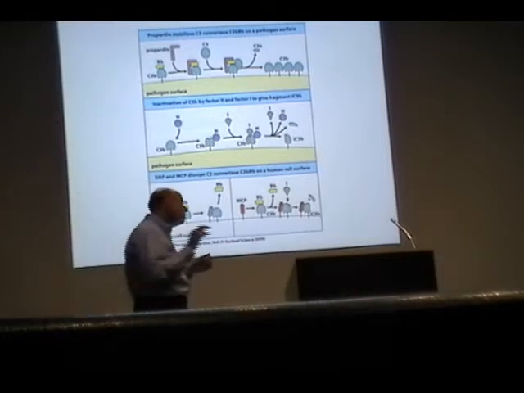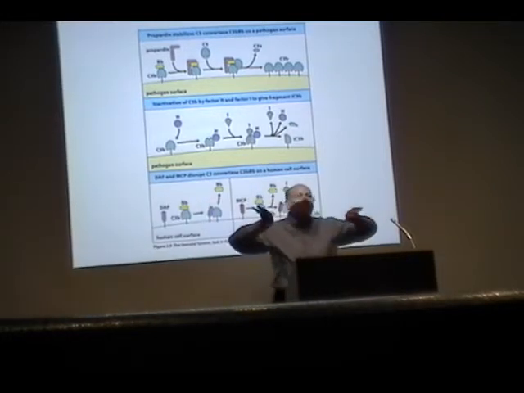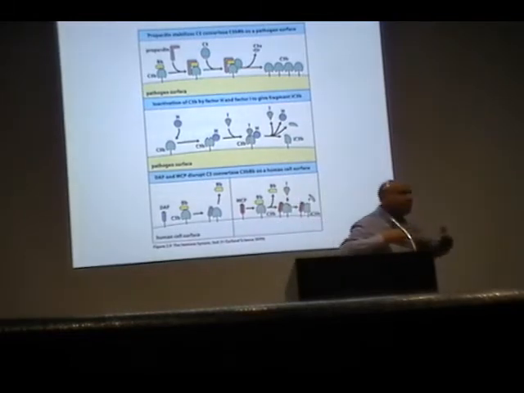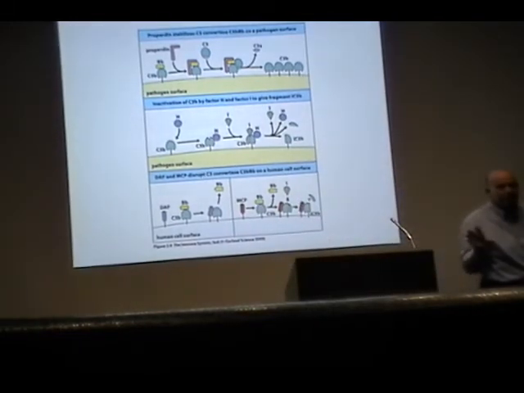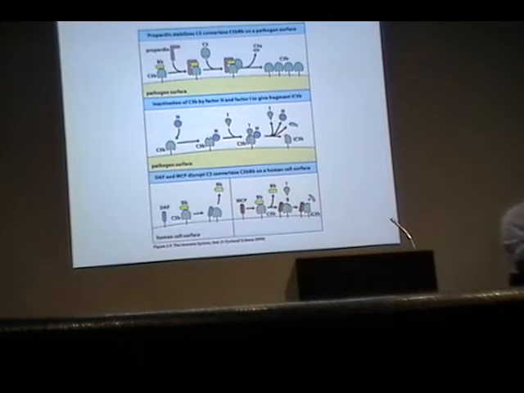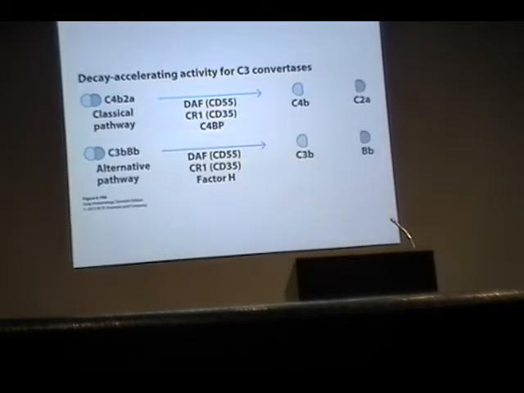All we're going to do today is dissociate the convertases, cleave them with factor I, and we're done. But, just so I have told you once, but ignore it, the products of those cleavages also do things.